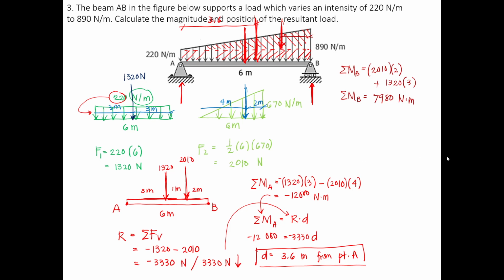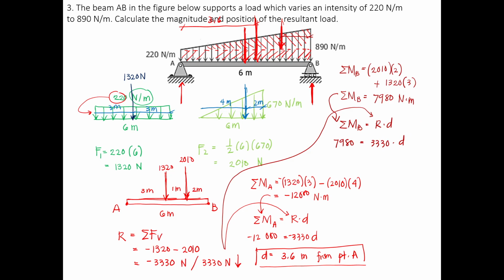So let's go to point B now. Going back to point B, I think this one is correct already. The next is getting the distance from point B and the resultant force. So again, this one is here, then 3320 will go to R. So you have 7,890, then 3330 times the distance.